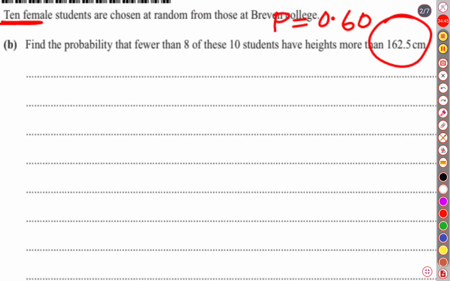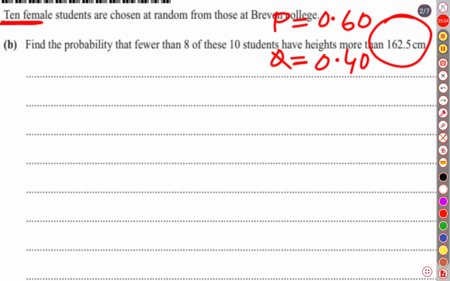So q is going to be 0.4, the probability of height less than 162.5. These are the pieces of information we can extract from this question.